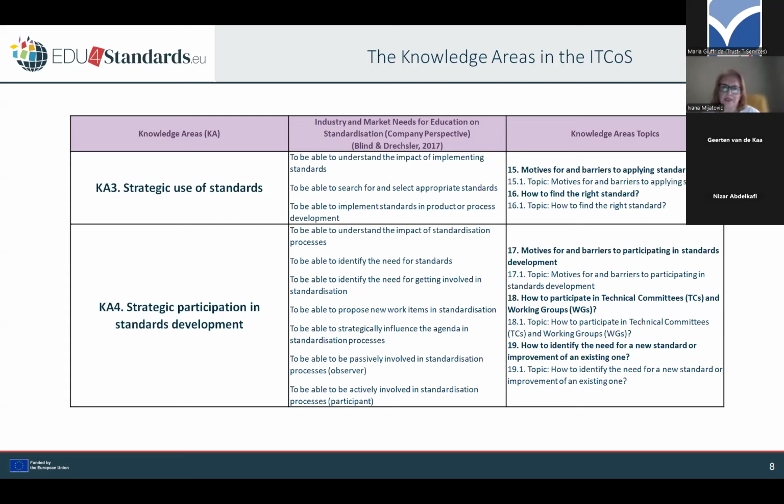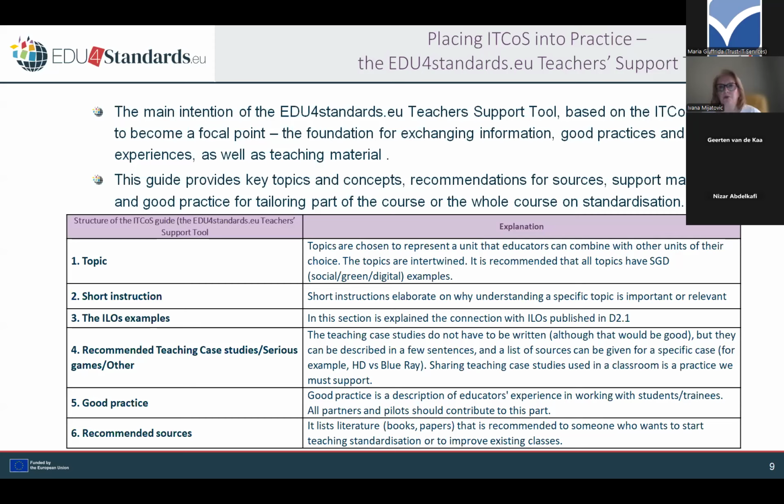So basically, these are topics that need a little bit of practice. So the support of national standardization bodies and European standards organizations might be needed. However, a theoretical concept is needed, something to make them more practical.